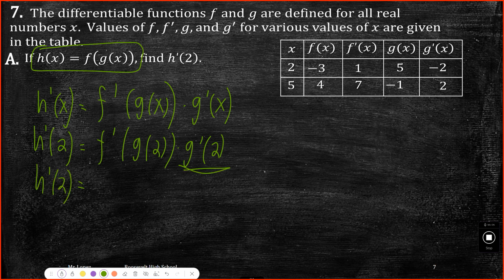What is g prime at 2? Negative 2. Times, what's g of 2?